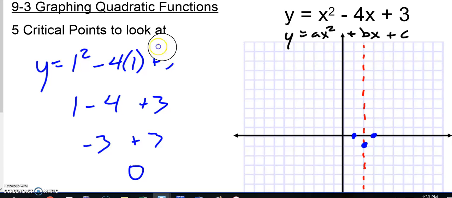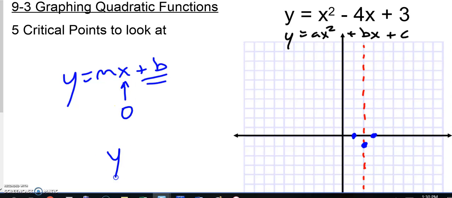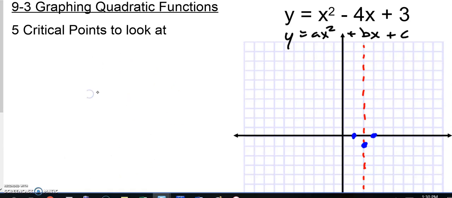And to get our last 2 points, this is very easy. We're going to look for the y-intercept. So remember, way back when we did the linear equations, we had y equals mx plus b, and our y-intercept was b, because when x equaled 0, y equaled b, and that would be where it crossed the y-axis. So in this case, the y-intercept still happens when x is 0, but when x is 0, c is going to be our y-intercept.